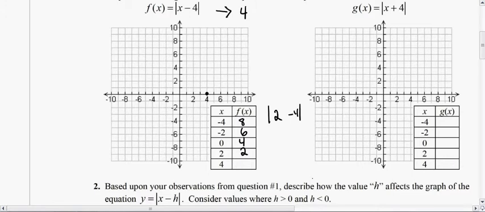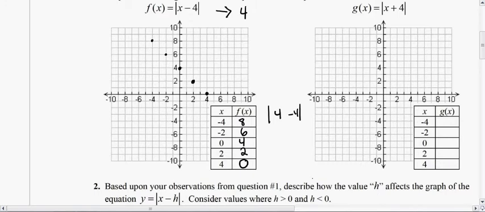And 4 minus 4 is 0. Absolute value of 0 is 0. Let's go ahead and graph those points. Negative 4, 8. Negative 2, 6. 0, 4. 2, 2. And I already have my 4, 0.